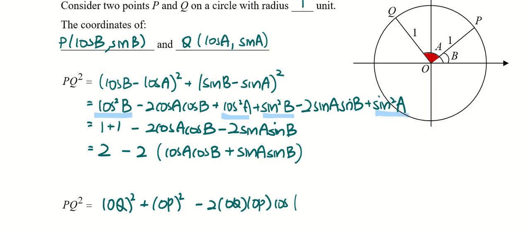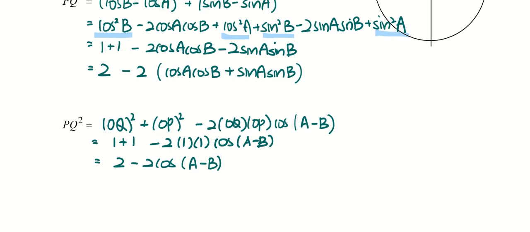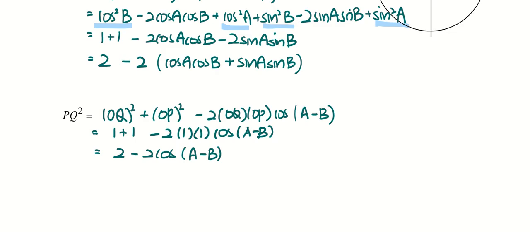Cosine A minus B. Again, what is OP and OQ? 1. So it's just 1 plus 1 minus 2 times 1 times 1 times cosine A minus B. If you simplify this again, you get 2 minus 2 cosine A minus B. You know where I am driving at already. So basically, these two are the same.